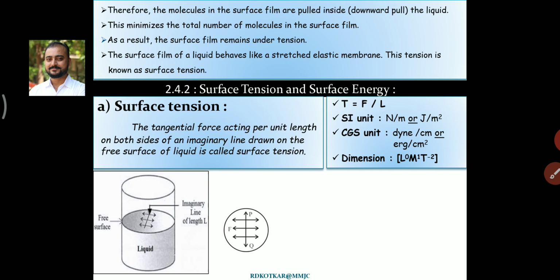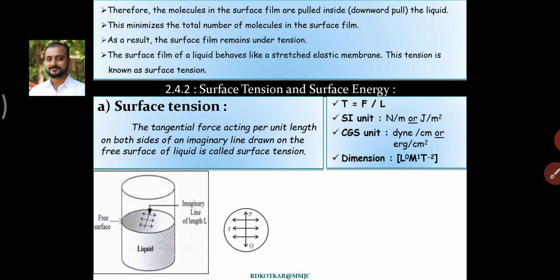How this comes about, we will study later. Then the CGS unit is dyne per centimeter, and its another unit is erg per centimeter square. Again, how joule per meter square and erg per centimeter square come, we'll study later.